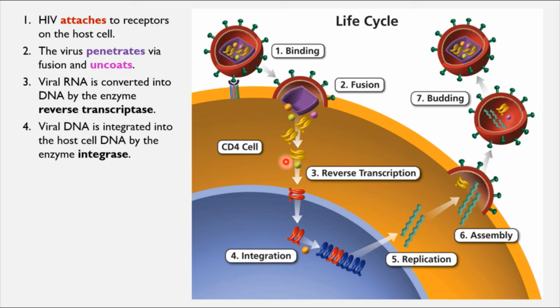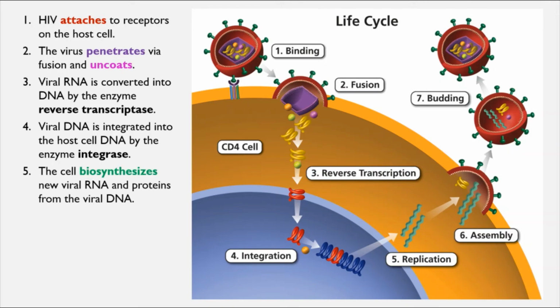After that, the DNA enters the nucleus, and another viral enzyme called integrase will cause that DNA to become integrated into the human chromosome. Next, the human chromosome will undergo regular biosynthesis.